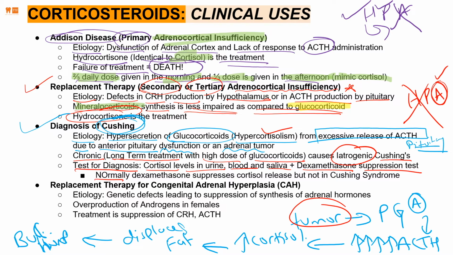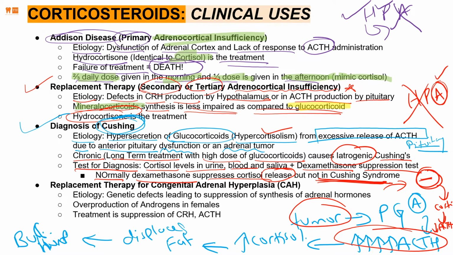Normally, when you administer dexamethasone, it suppresses cortisol release because of the negative feedback loop. The body says, oh, I got some cortisol, please stop producing ACTH. But if a person has Cushing's syndrome, this will never end. It just keeps going despite the negative feedback loop. Therefore, we can diagnose Cushing's syndrome.